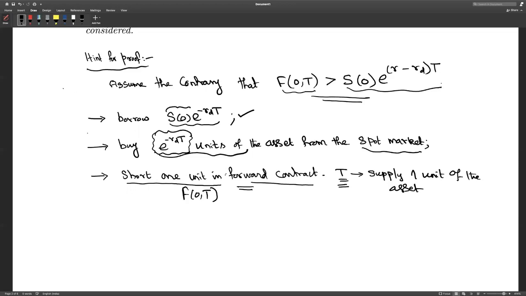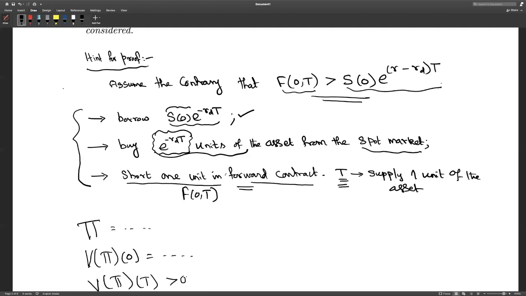I leave it to you to now write the portfolio Π, and then the value of the portfolio at 0, and write clearly how you are going to exit the portfolio, and write the value of the portfolio at the expiry, and show that this is greater than 0. Precisely, you have to show that this is f(0,T) minus S(0) e^((r−r_d)T), which will be greater than 0.